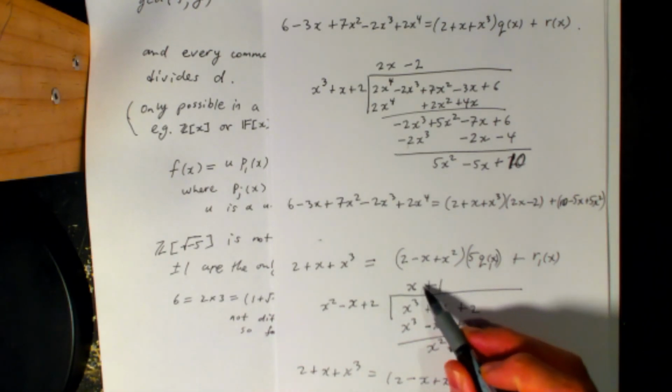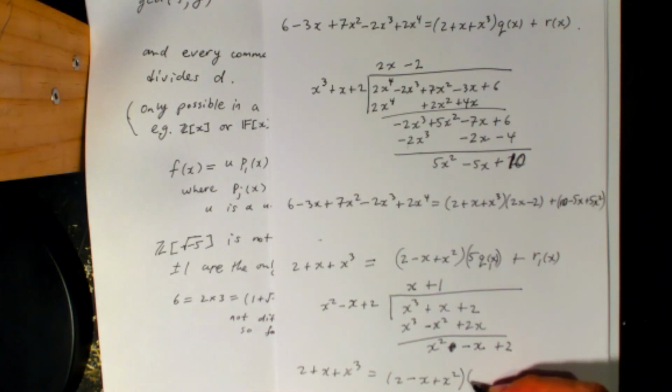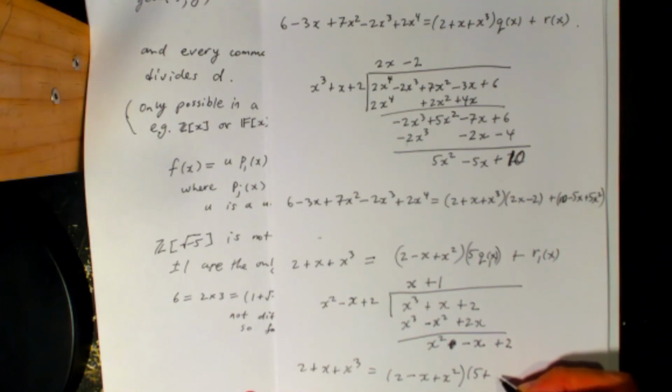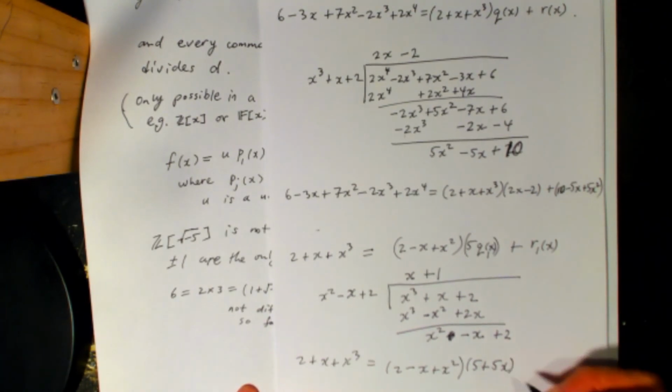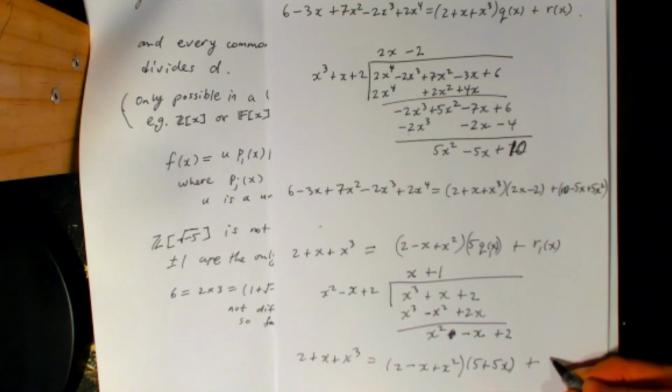Okay, so I've got my q1 is x plus 1, but I have a 5 in front. So then I should have 5 plus 5x. And then I have plus 0 there. So that says I'm done.